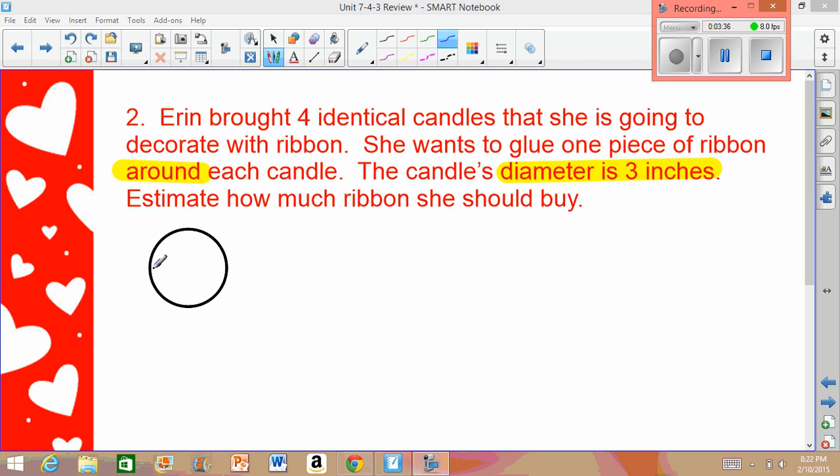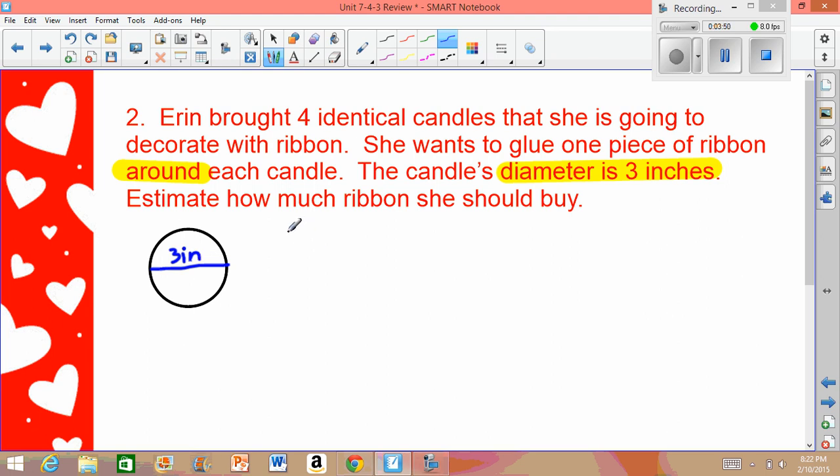So since we have a diameter, remember diameter goes all the way across our circle. So we have a diameter that is 3 inches long, and we can put our measurement, 3 inches. Okay, since we're going around, again, we want circumference. So we want the circumference formula that has diameter. So circumference equals pi times diameter.